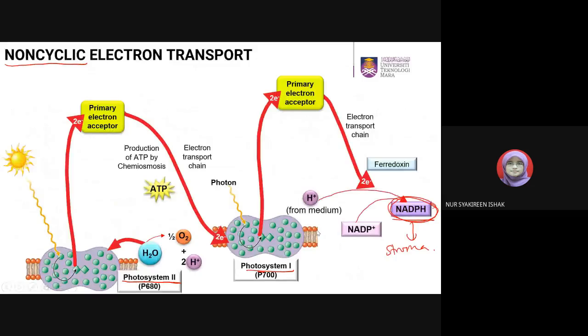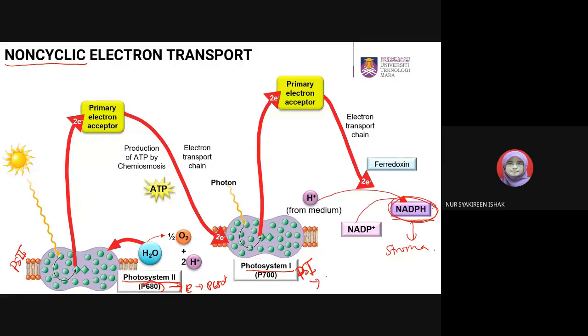Okay, so nanti awak tengok balik gambar ni, cuba extendkan daripada awal yang berlaku start daripada photosystem 2 sampai dekat photosystem 1. Okay, so ingat ya, photosystem 2 dia ada P680 akan release elektron dia jadi P680 plus oxidized form.